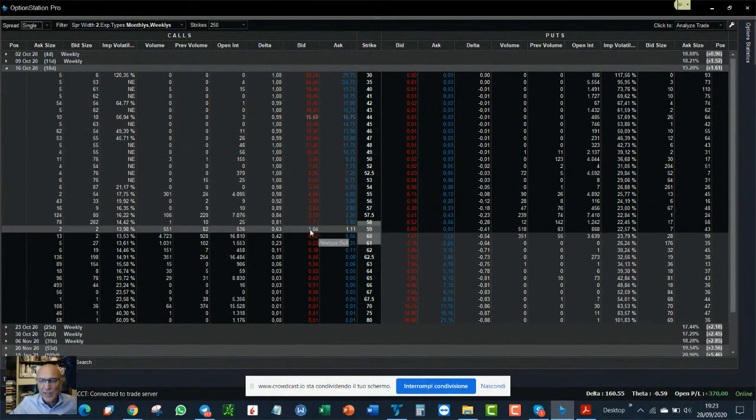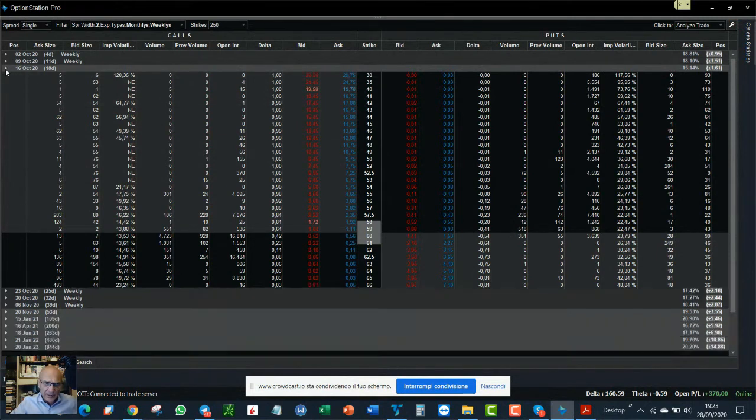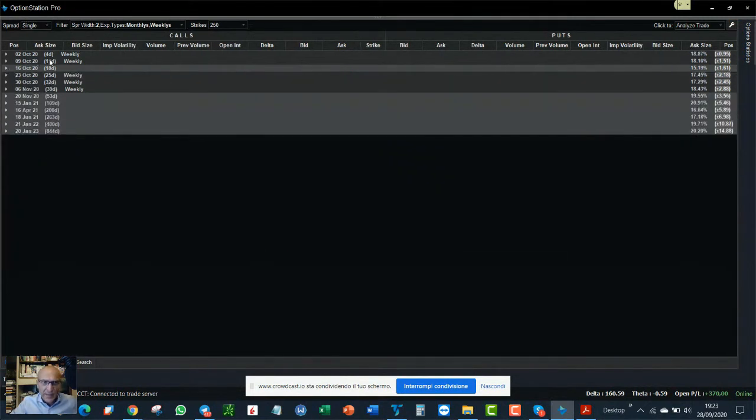The option chain basically represents all the strike prices of the option that we can choose from, and also has several different expirations. So we can choose the early expiration, we can choose late expiration, we can even go more than 1 year out in time.